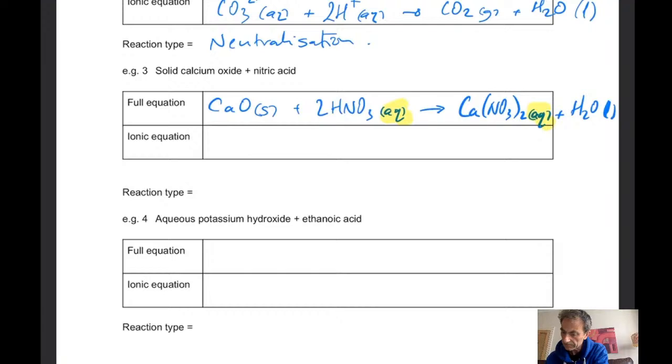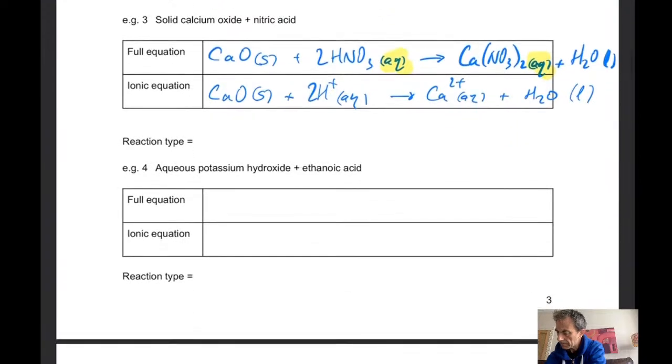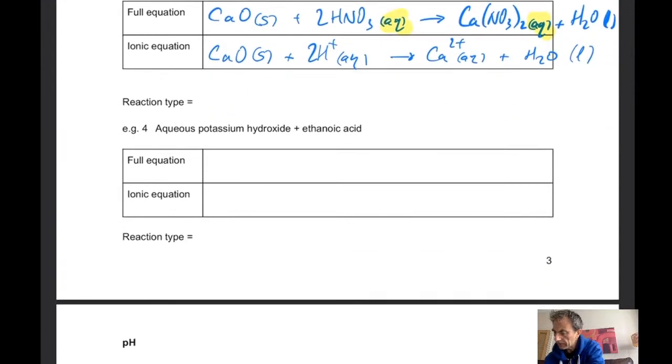So we get, I scribbled there, CaO solid plus 2H plus aqueous goes to Ca2 plus aqueous and H2O liquid. Okay, that's neutralization as well.